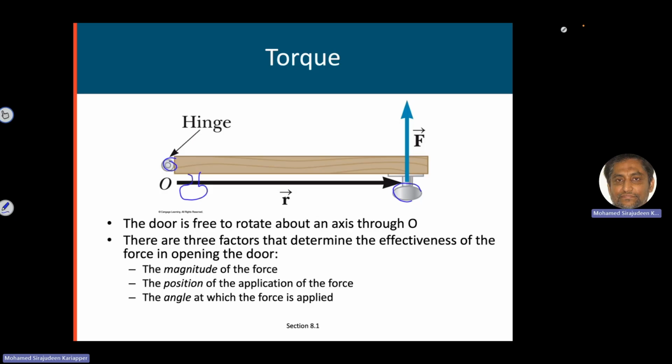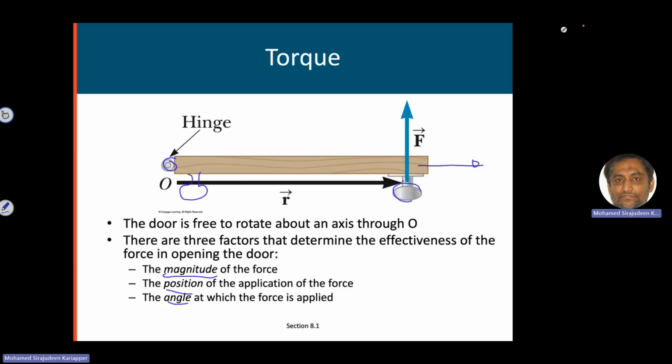So this torque, or the effectiveness of the force in opening the door, depends on the magnitude. We saw that with more magnitude, it will open faster, so the rotational velocity will be greater. The position of application of the force, where you apply it, is another factor. The angle at which the force is applied. What if you try to open the door like this?